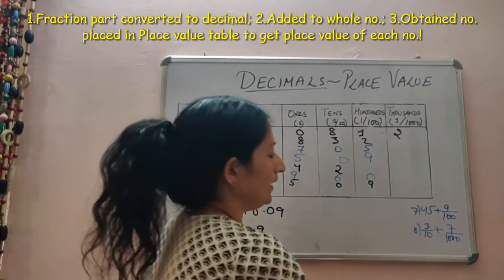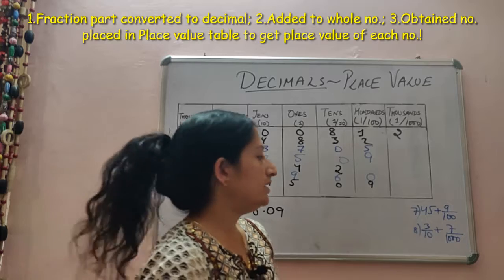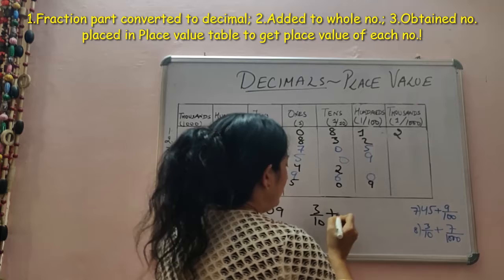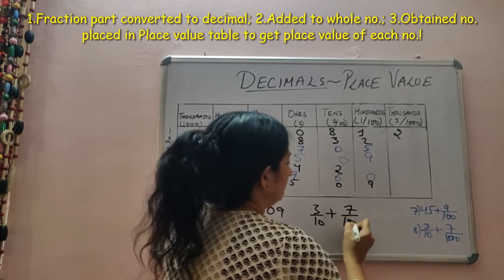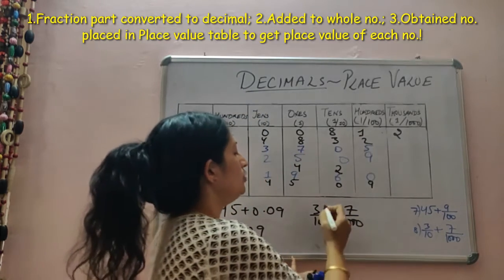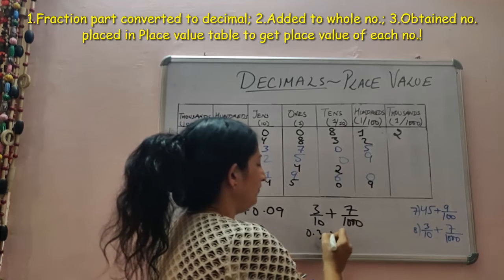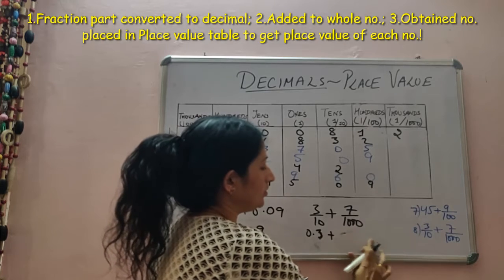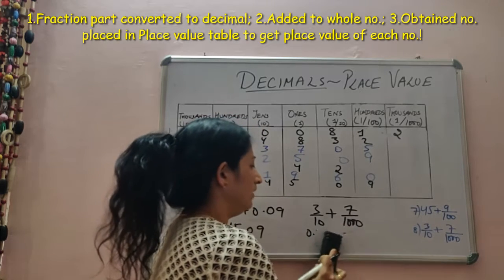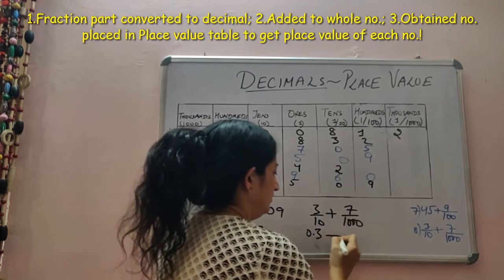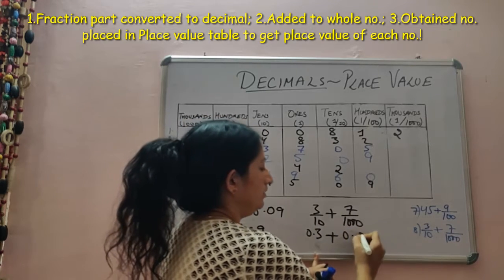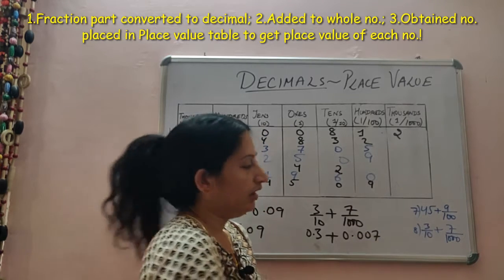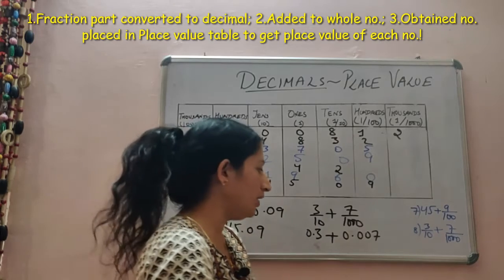Now the next one, that is 3 by 10 plus 7 by 1000. So let's do it here. We will write it as 0.3 plus 7 by 1000, which we can write as 0.00 and then 7, because then only it will become 7 by 1000.